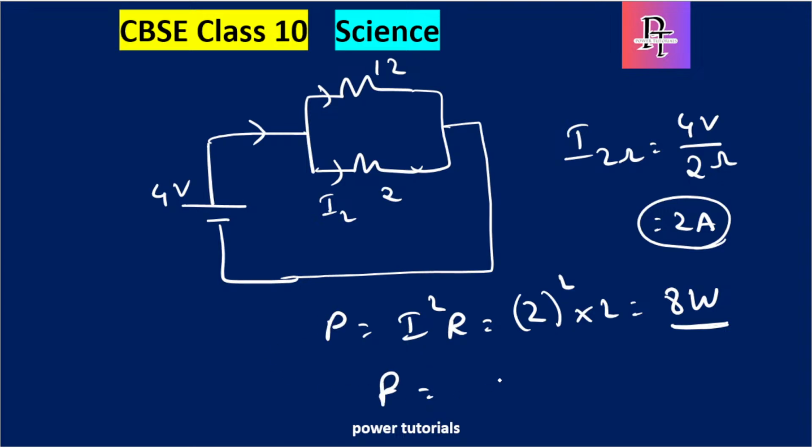So if I use V square also, I'll get the same answer. Voltage across the 2 ohms is 4, so it is 4 square by R, which is 2. 4 square is 16 by 2, which is again 8 watt.